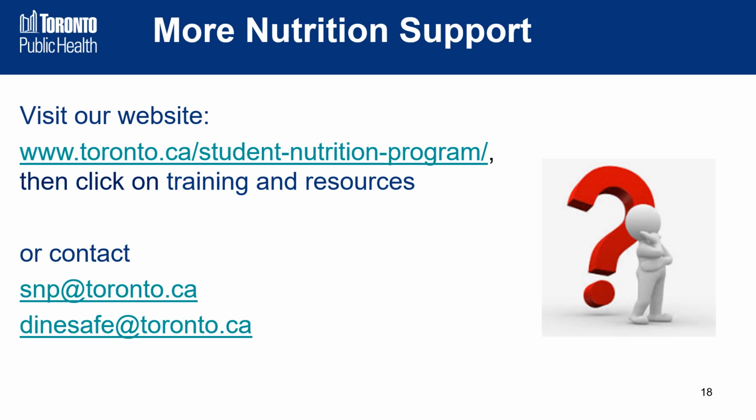For more information on nutrition in student nutrition programs, go to www.toronto.ca/student-nutrition-program/, then click on Training and Resources. You will find information such as the new guidelines, sample menus, COVID-19, food safety, and nutrition resources, and training videos.